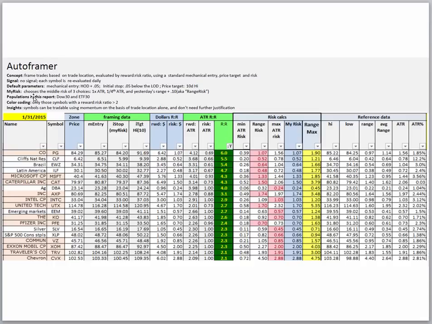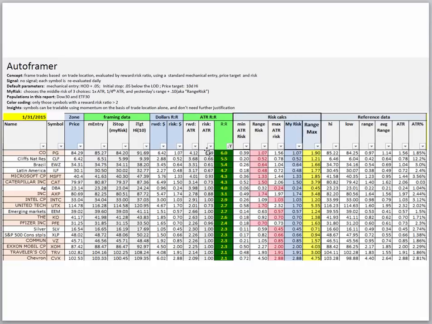So now we're going to drill into our daily report for that day and look at a page on the auto framer, which happens to look at targets on the basis of their trade location and estimates a reward to risk using trade location, a 10-day high for a profit target, using a range risk, meaning that we would enter mechanically 5 cents above yesterday's high with a stop 5 cents below yesterday's low. We would treat that as our mechanical risk.